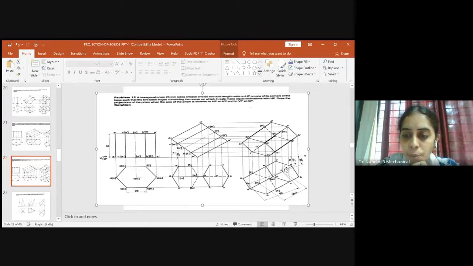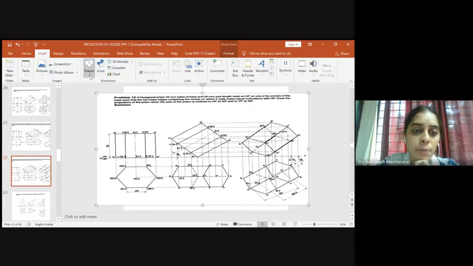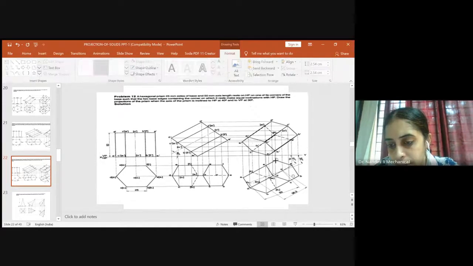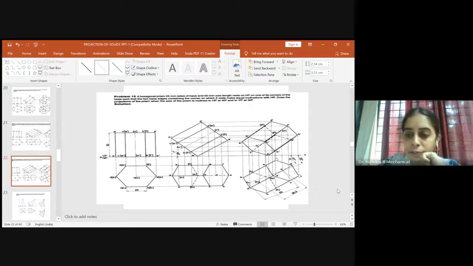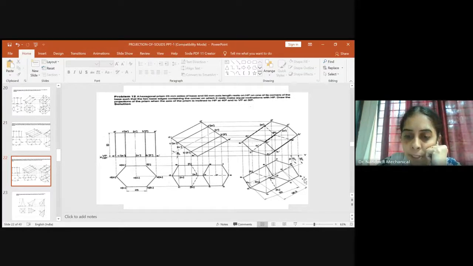At that reference point, draw a perpendicular line, as I showed you in the previous problem also. Once you draw this perpendicular line, measure the distance to F and cut an arc.